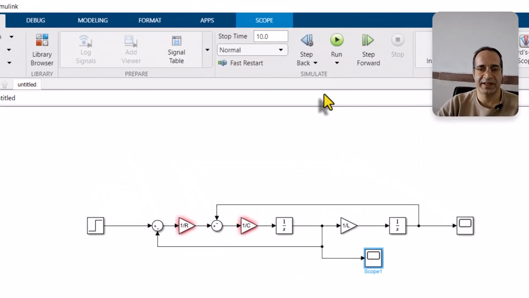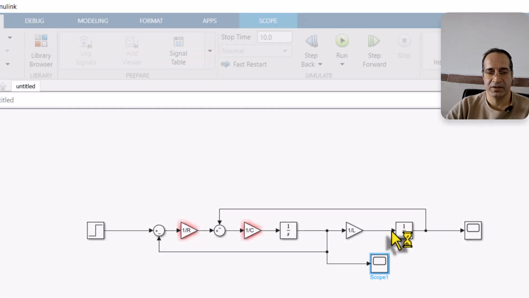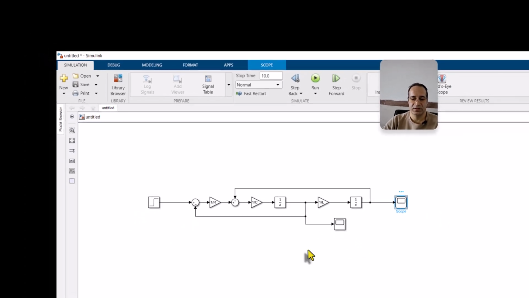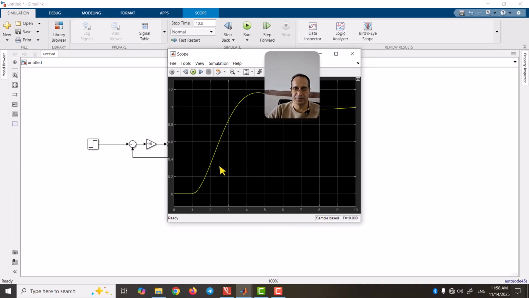Go back to Matlab and run it to see what is the step response of this RLC circuit. For IL, let's see what I get here. As you see, the step is an input which comes at t equals 1 second, and then the rise of current, and it goes to 1 ampere at the end, which seems correct.